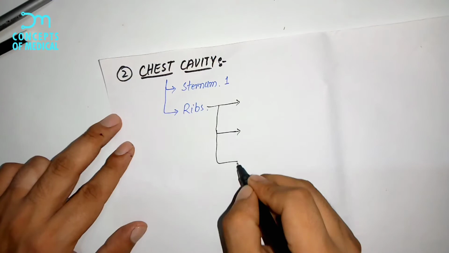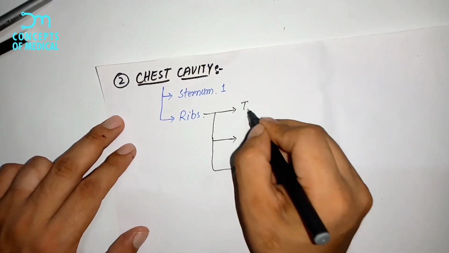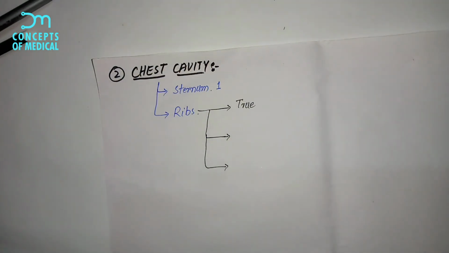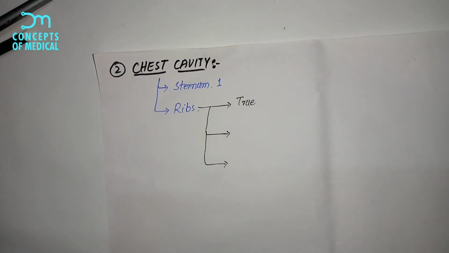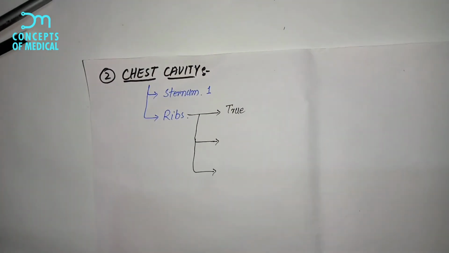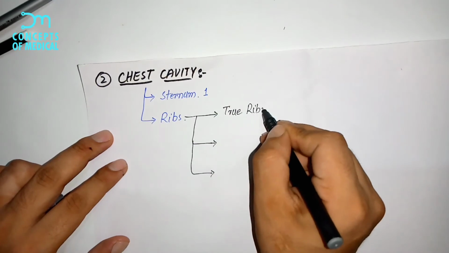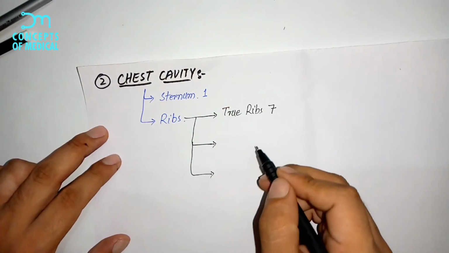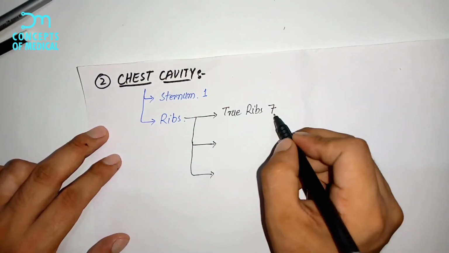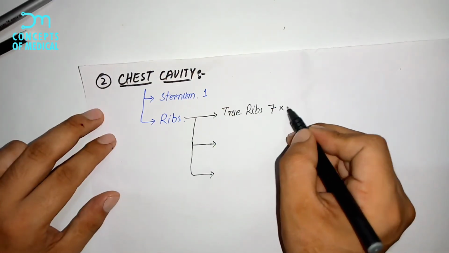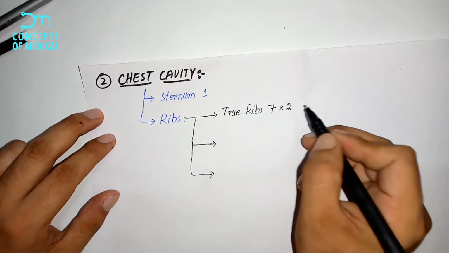The first part of ribs we have true ribs, which are connected both posteriorly with the vertebral column and anteriorly with the sternum, so we call them the true ribs. So these are actually 7 in number, right? And 7 at one side, so at both sides we will multiply it with 2, right?